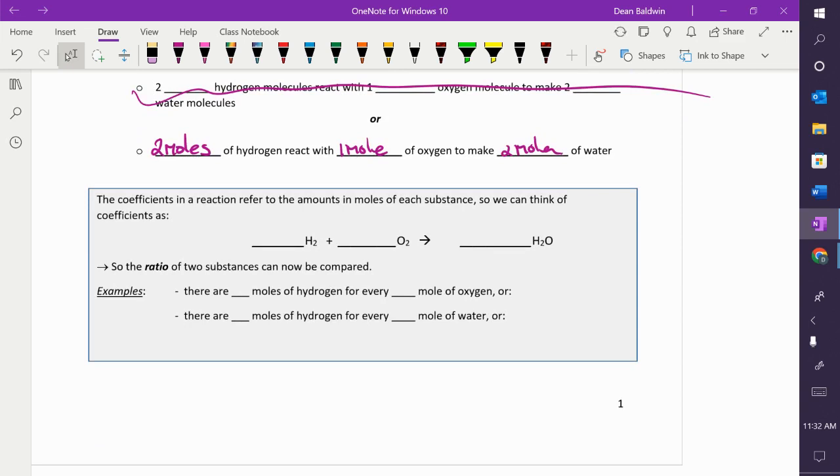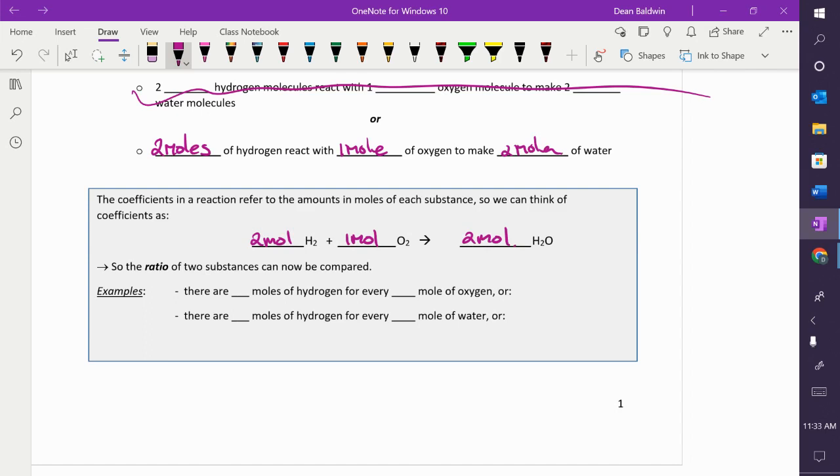This is the same thing, but this is going to tweak how we're going to use these ratios in unit conversions. So we have 2 moles of H2, 1 mole of O2 goes to 2 moles of H2O. Now you can use this balanced reaction to write ratios.